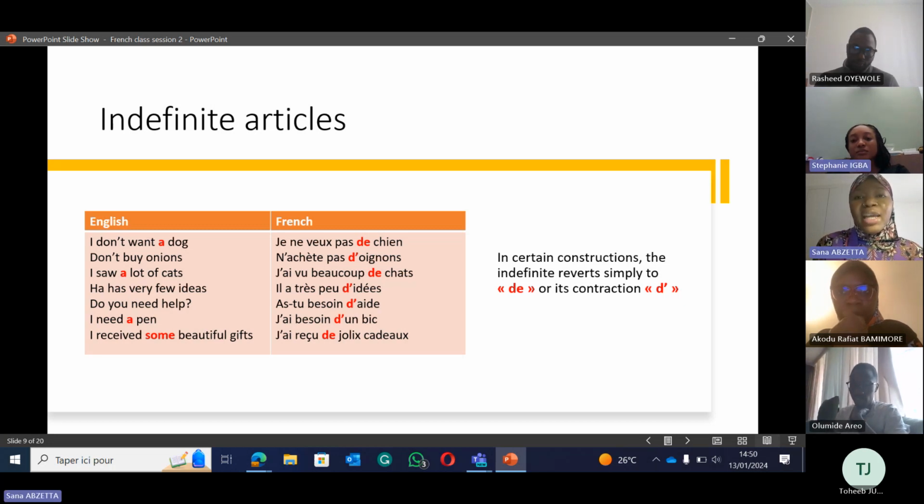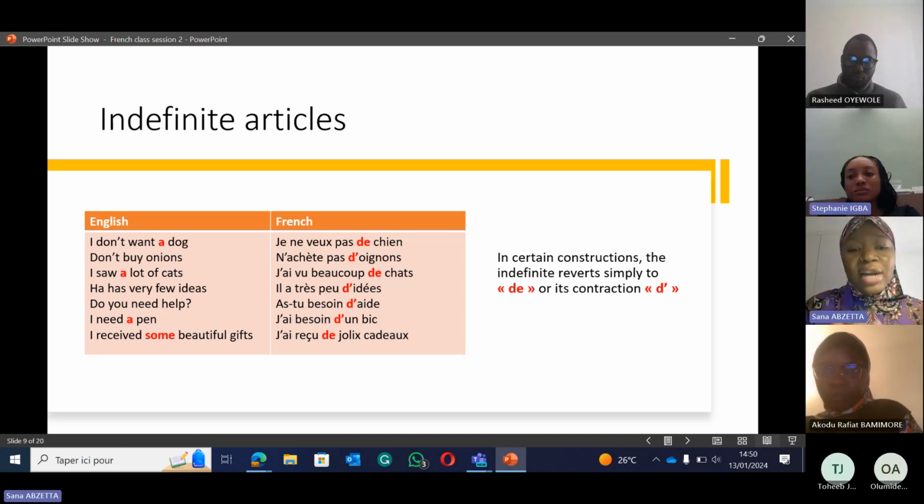If, for example, your father or your mother wants to adopt a dog, you will tell them, I don't want a dog. That's what you want. You are expressing your want. But if you want to translate it in French, it's not right to say, je ne veux pas un chien.